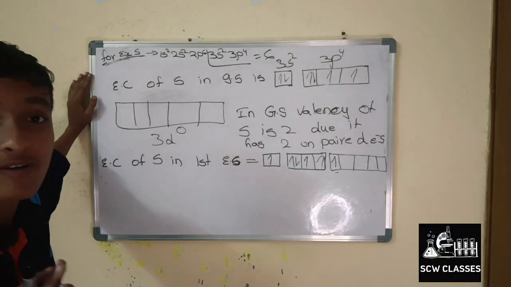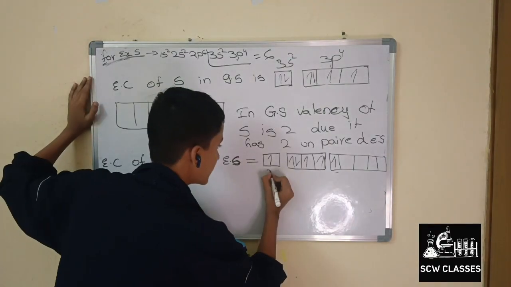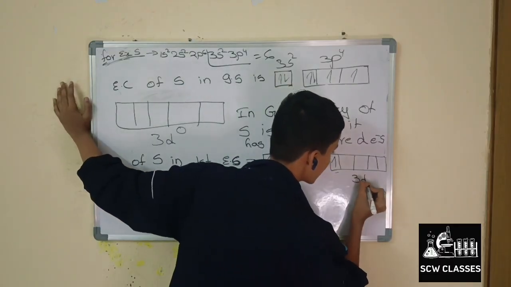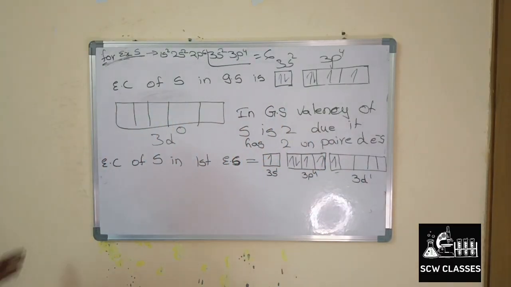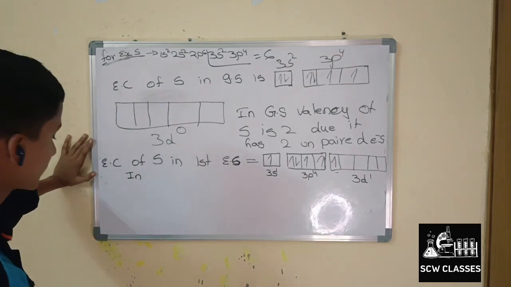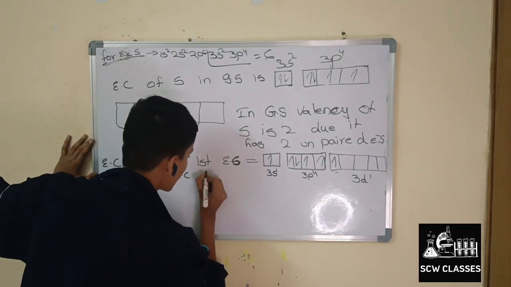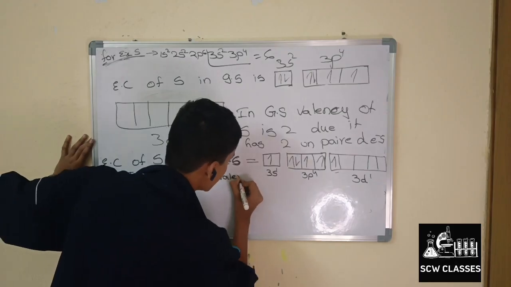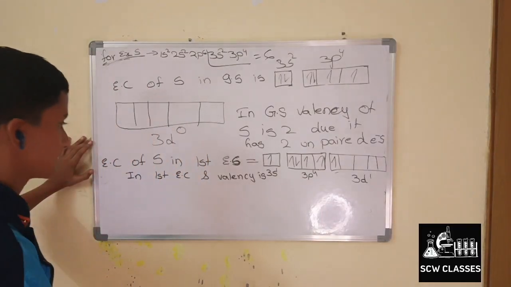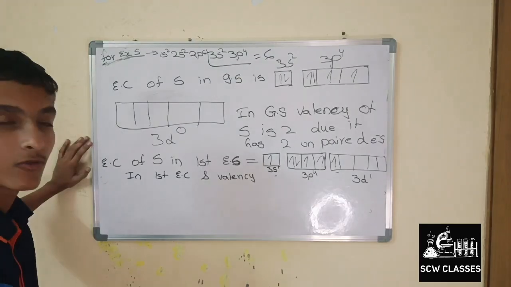Then that is called the first excited state: 3s1, 3p4, 3d1. In first excited state, the valency of sulfur is 4.